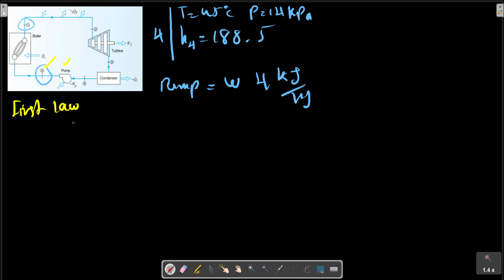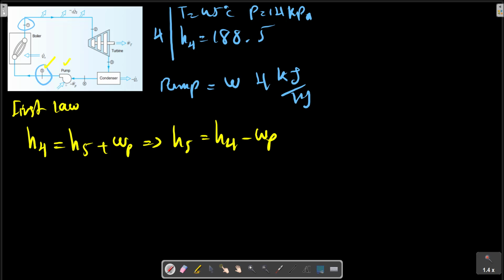The first law for the pump: there is no heat transfer, Q equals 0, and the velocities are approximately the same. H4 plus W pump equals H5. So H5 equals H4 minus W pump.